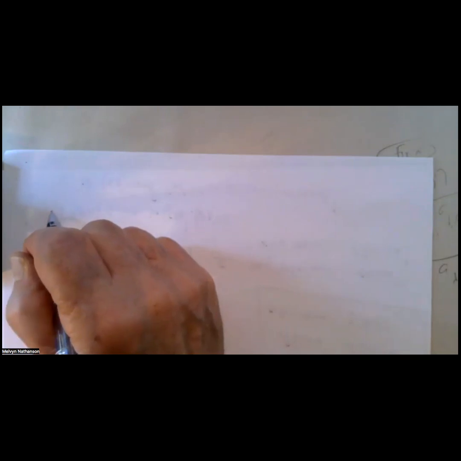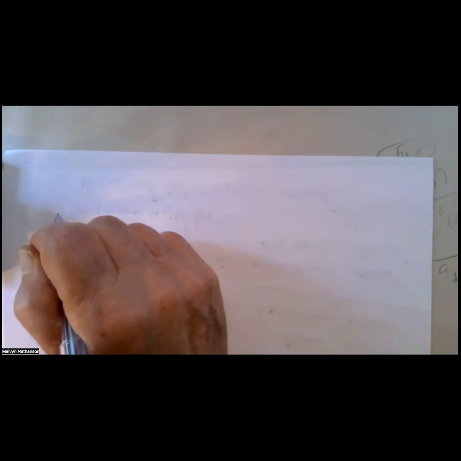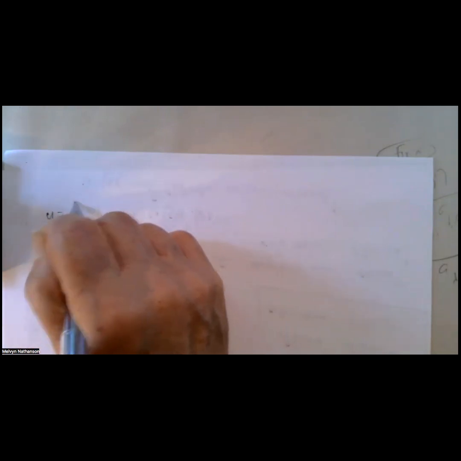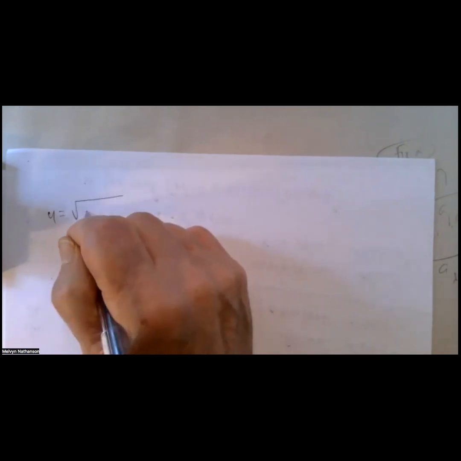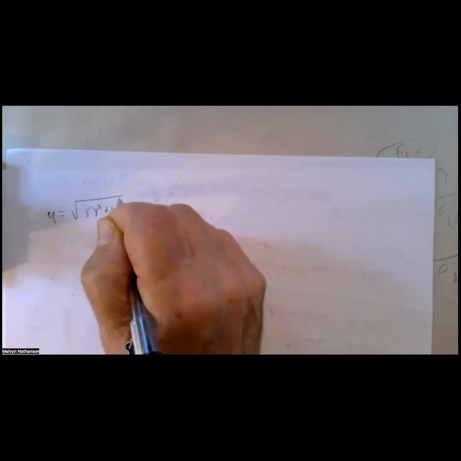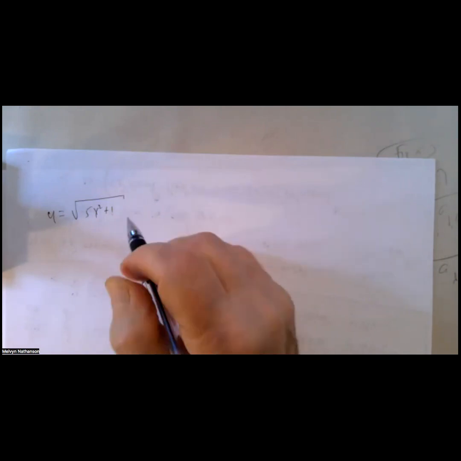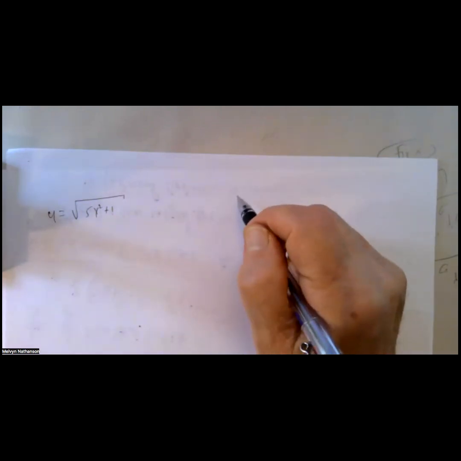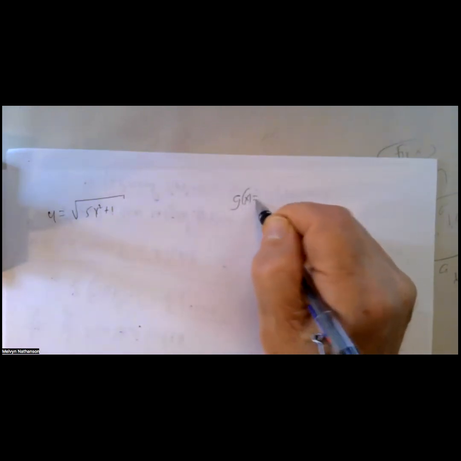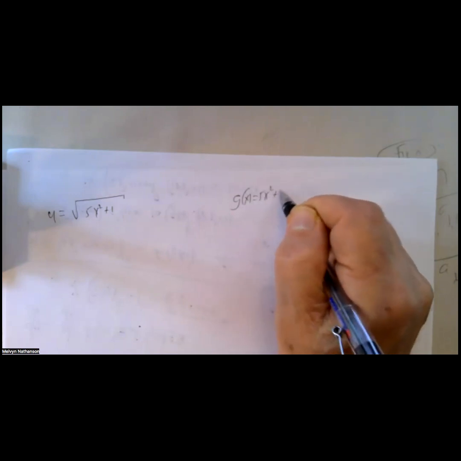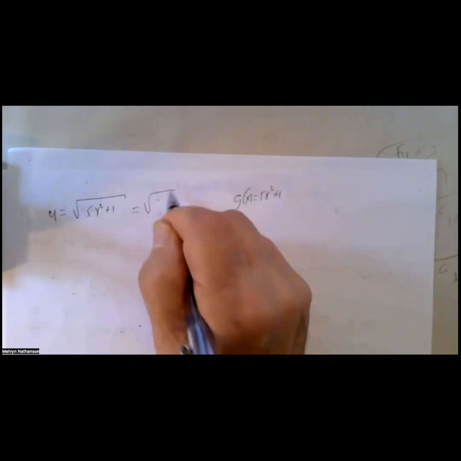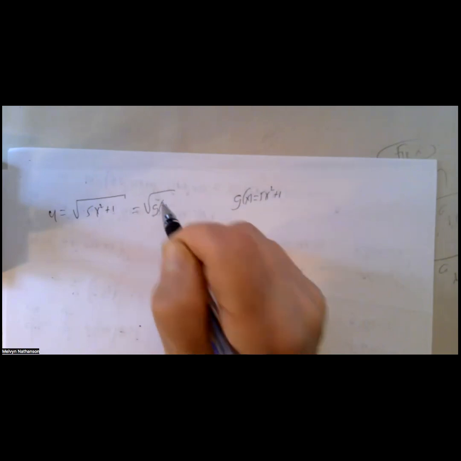Suppose I have the function y is the square root of 5x squared plus 1. So if I were to let g of x be equal to 5x squared plus 1, this will be the square root of g of x.